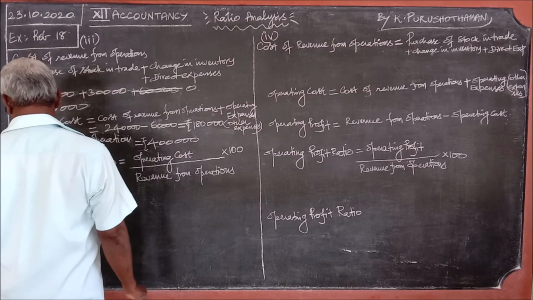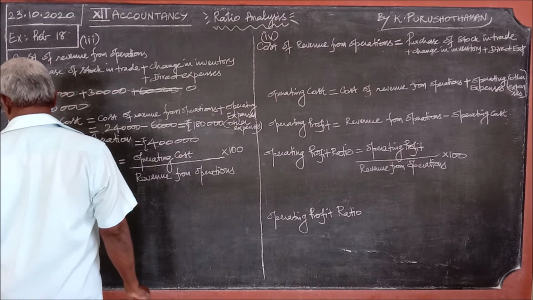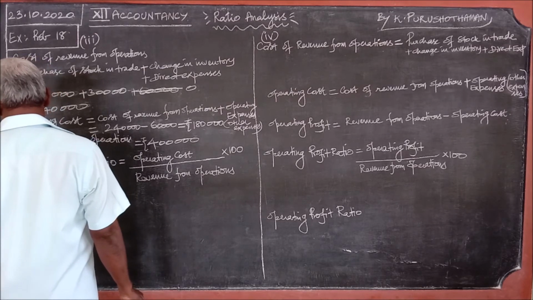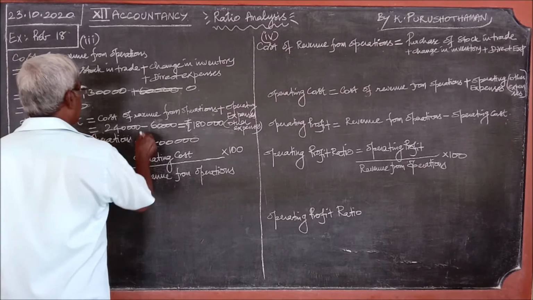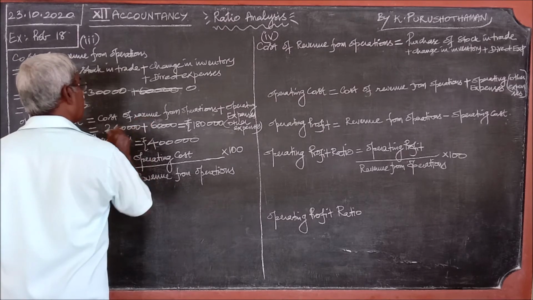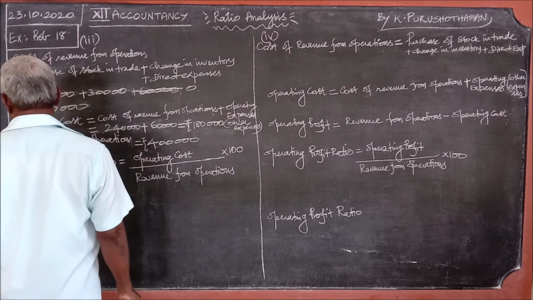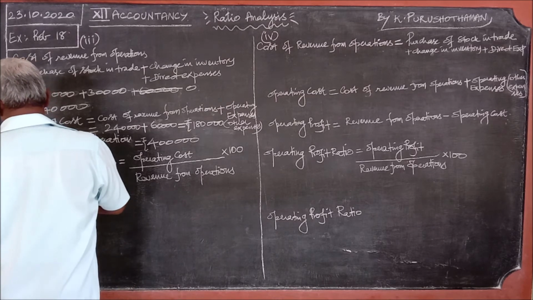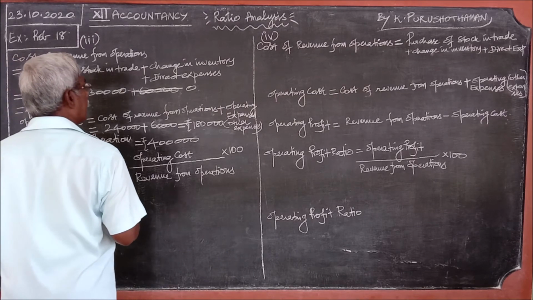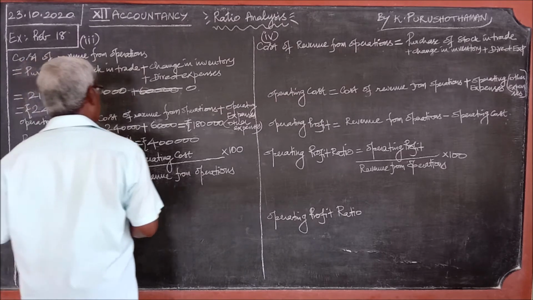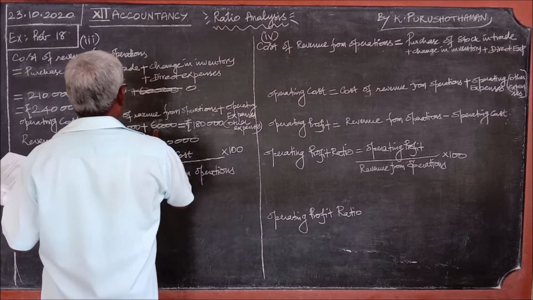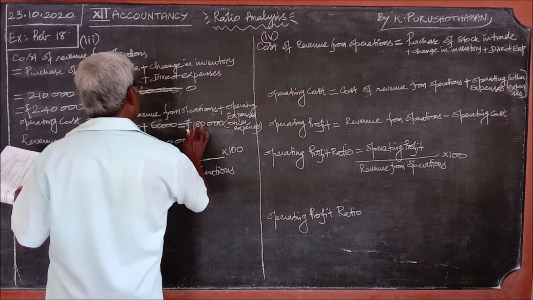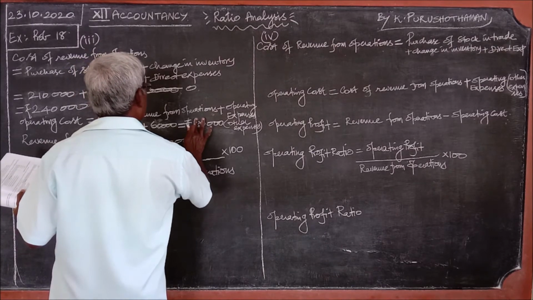operating expenses. Here operating expenses or other expenses are plus 60,000. Then it comes to 2,40,000 plus 60,000, 3 lakhs.